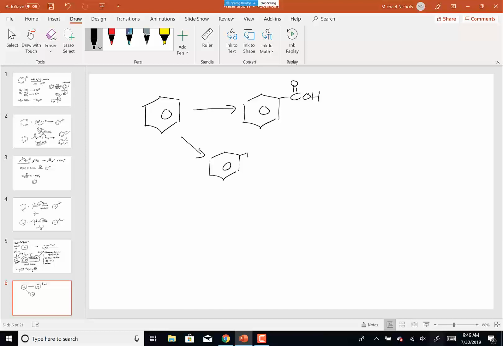I can get there by taking a bromobenzene and doing a reaction or two reactions to add a carboxylic acid group to the ring, or I can take an alkyl benzene and also do a reaction to convert that alkyl benzene to a carboxylic acid.